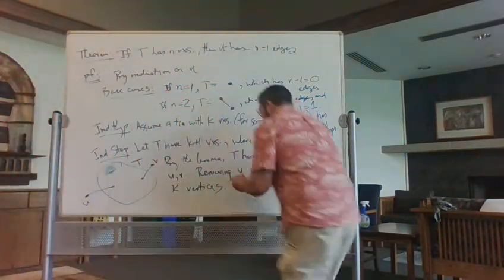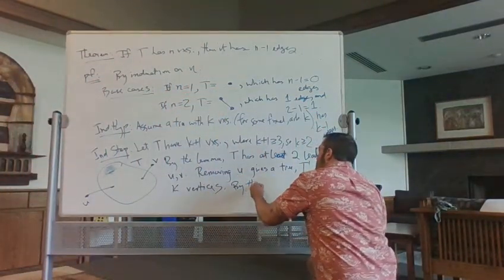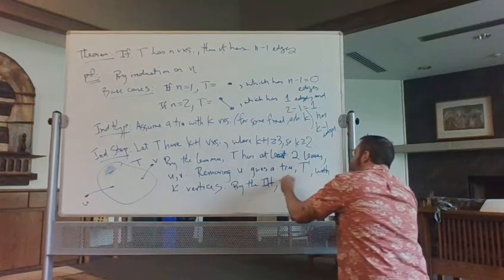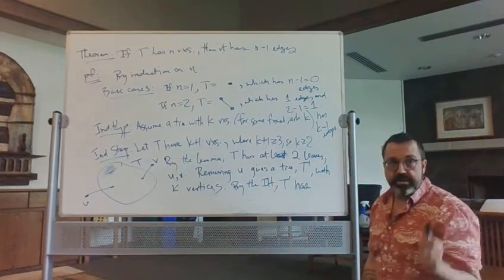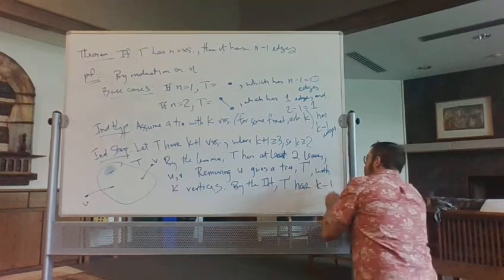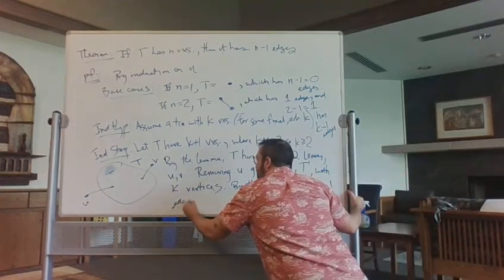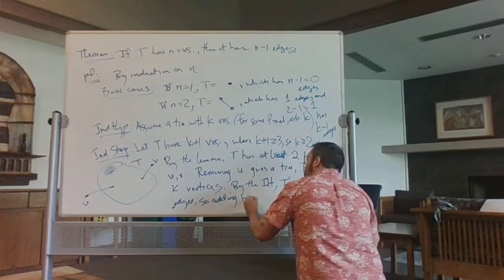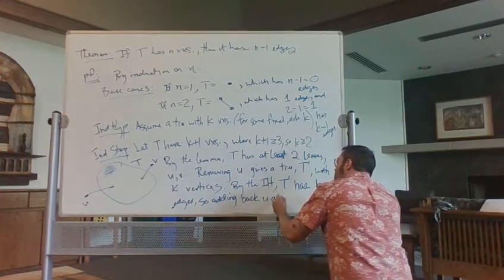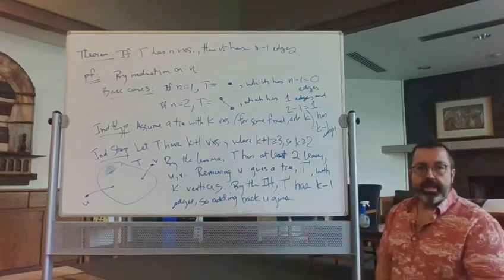So by the inductive hypothesis, T prime has k vertices and therefore k minus 1 edges. So adding back U gives 1 additional edge.